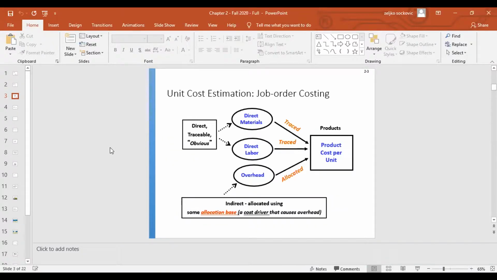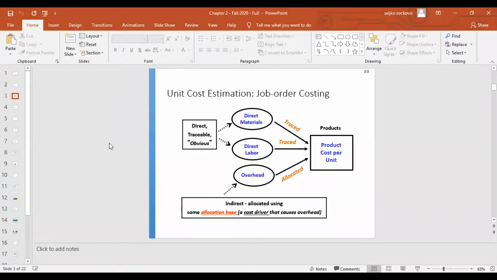Each product is different, so it will get a different amount of allocation of overhead per product. You can see what I just explained here visually, right? You have direct materials and direct labor traced directly to the product. And then you have overhead, which is allocated, not traced directly.